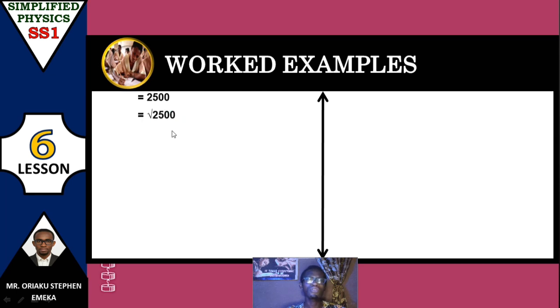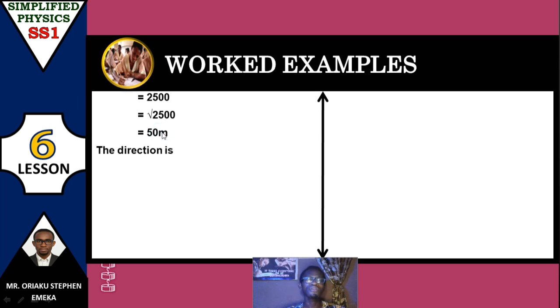Taking the square root of both sides, we get that the displacement is 50 meters. Remember, the distance gives us 40 plus 30, which is 70, but for the displacement we are getting 50 meters. But mind you, this is not yet complete, because for displacement we must have direction.